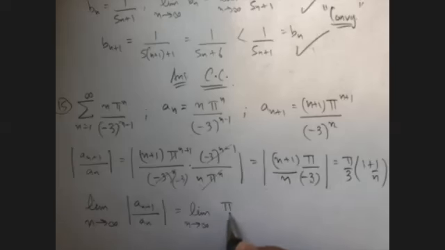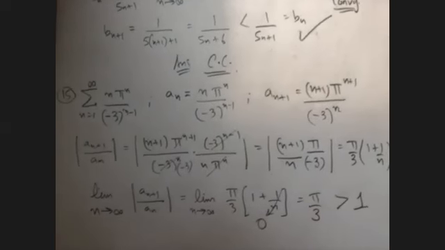Next, we have to evaluate the limit as n goes to infinity, which is... this will go to 0 as n goes to infinity.